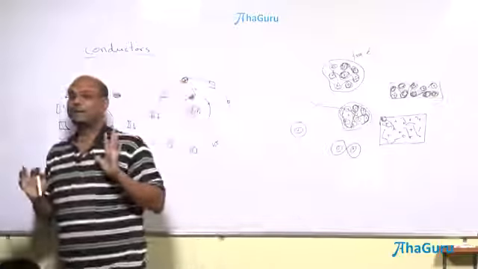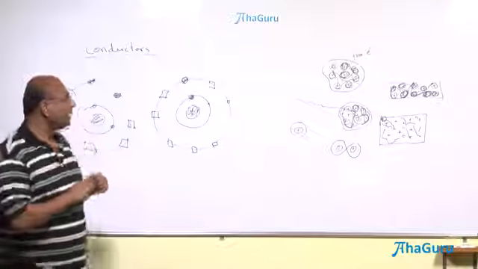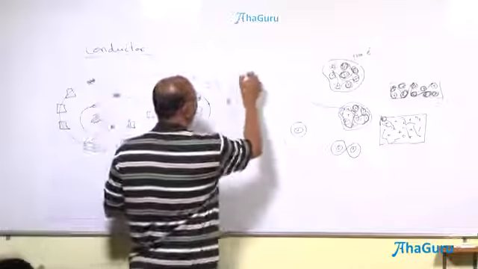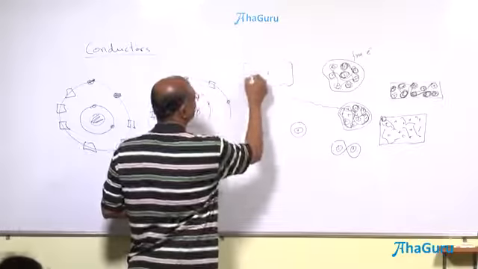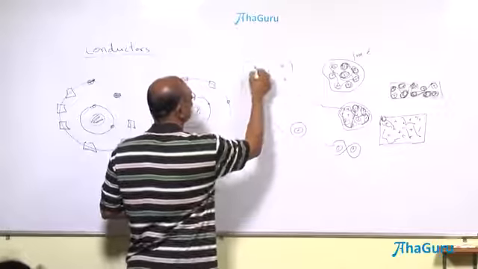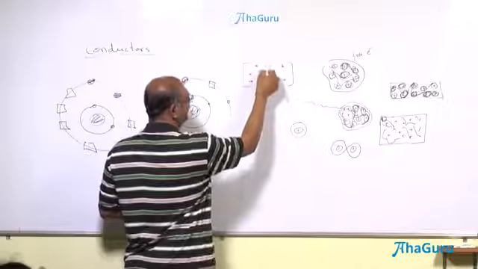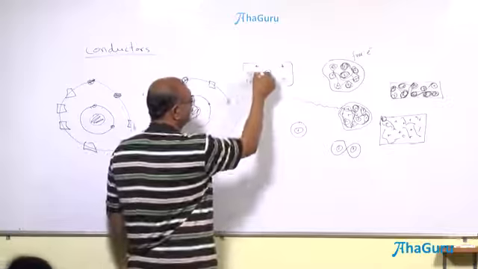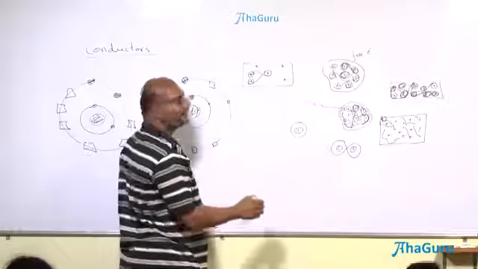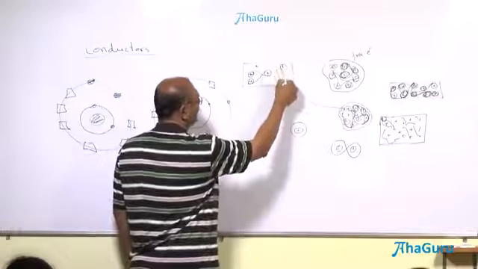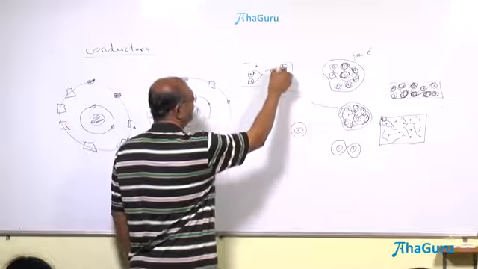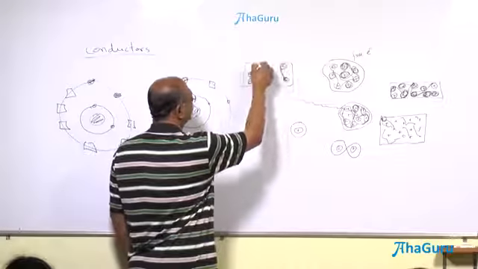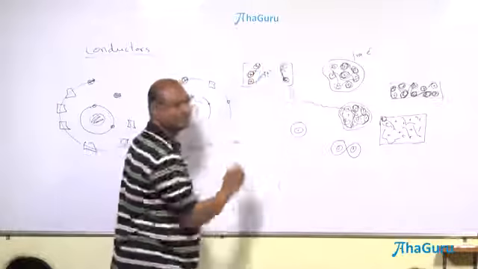No particular direction. So what happens is, if I took this metallic piece, from this atom one electron jumps over there, but from this atom one electron jumps over there. And then from here one jumps here, and from here one jumps there, and so on.